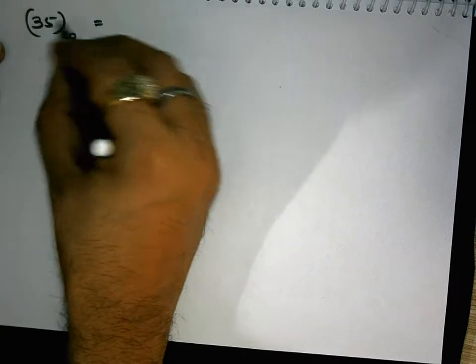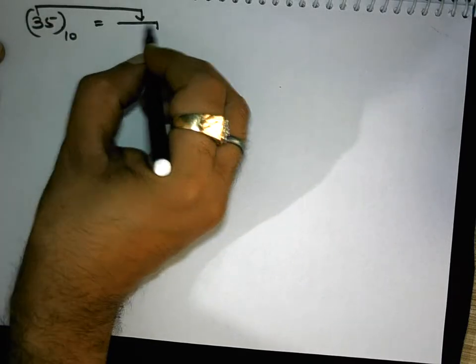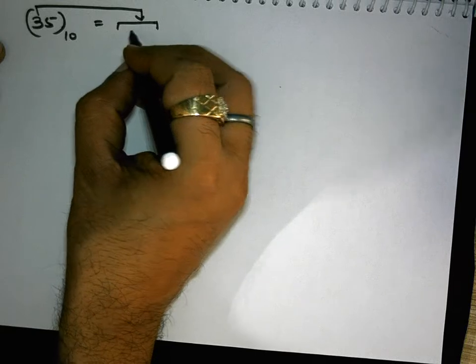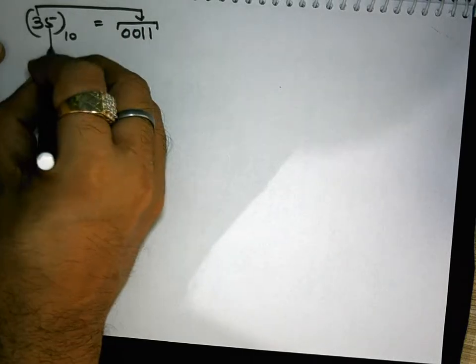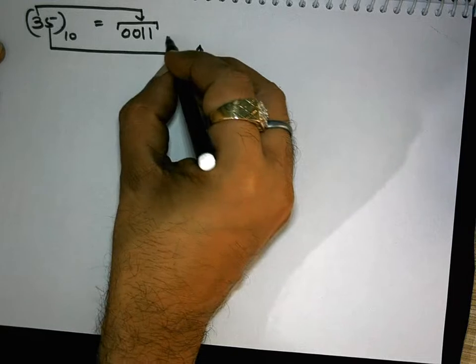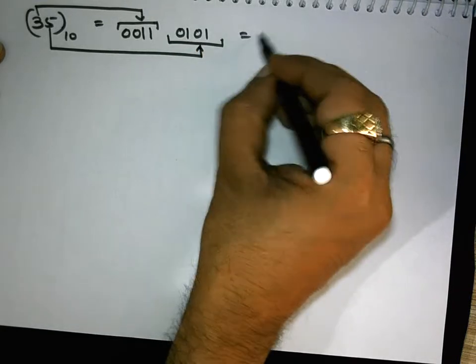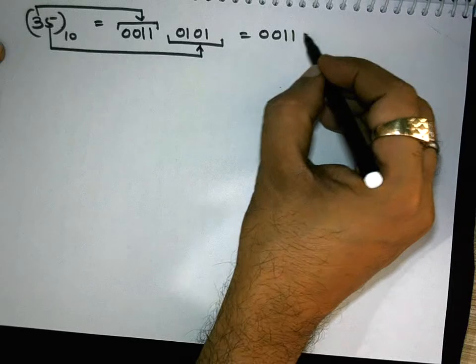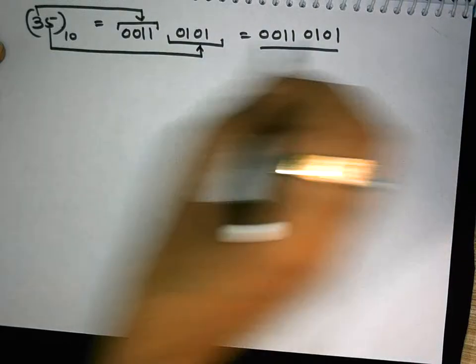Naturally, corresponding to the 3 you will write a 4-bit BCD packet, 0 0 1 1, and corresponding to the 5 you will once again write a 4-bit packet, 0 1 0 1. So this way you obtain 0 0 1 1 and 0 1 0 1 as the BCD equivalent of this number.